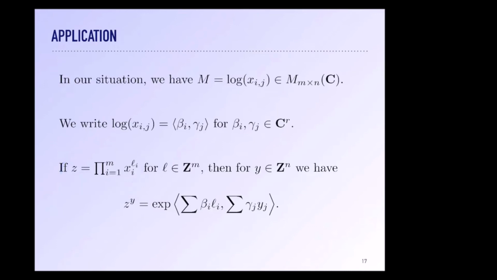So if I have some element which I call z, then I can think of this element z to the y, these elements that make up the components of this big interpolation matrix that I talked about on the previous slides, as the exponential of the dot product of the sum of beta_i l_i and the sum of gamma_j y_j. This is just working out the fact that, you just plug these in, calculate this, and plug this definition in, and you'll get exactly z to the y. Okay, so that's what we're going to use.